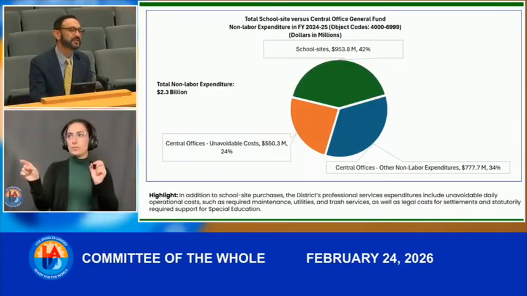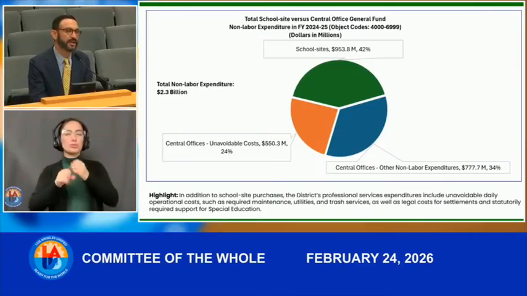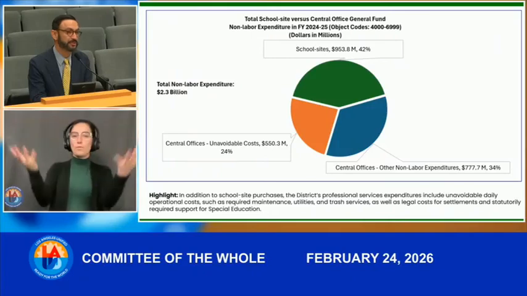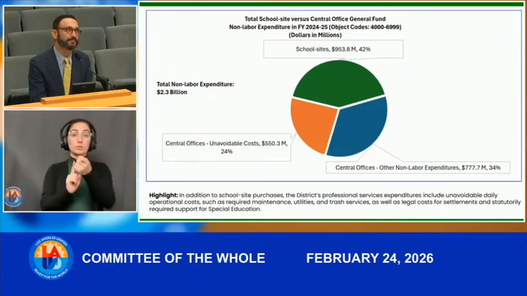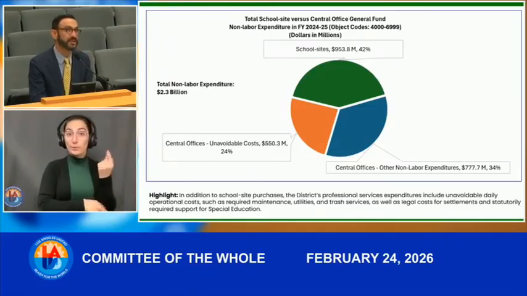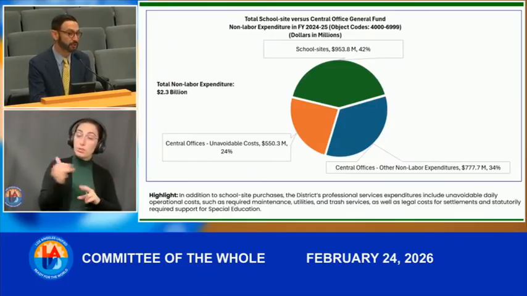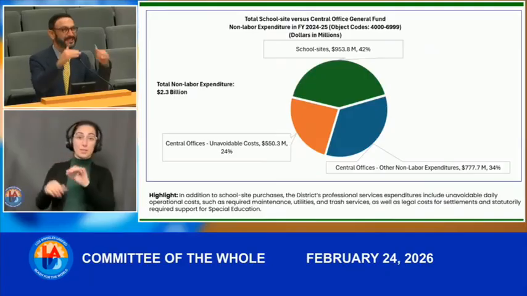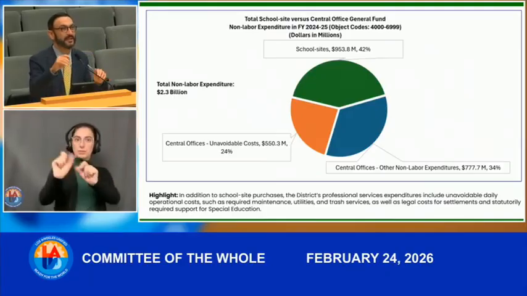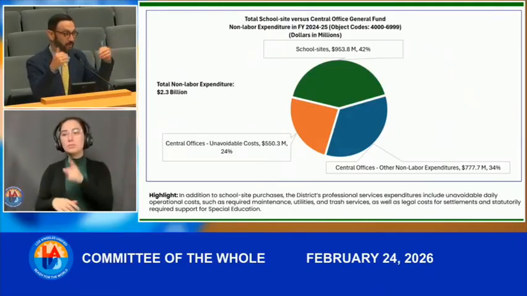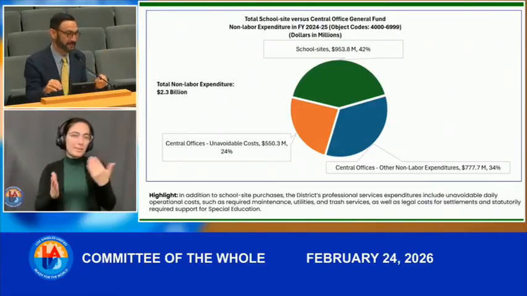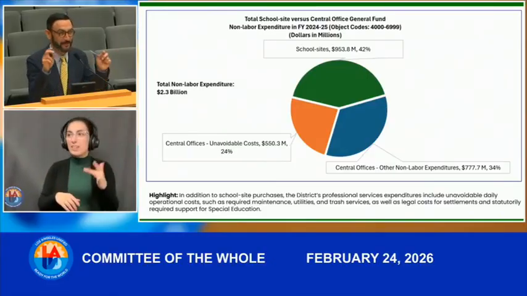There are different ways we're trying to slice it to tell the overall picture. In some cases, we're zooming in to general fund only within professional services contracts. In other cases, like here on slide 9, we're zooming out for all non-labor, but then cutting it a different way that shows what's unavoidable, which, again, is not within the California accounting code. There's no unavoidable category.